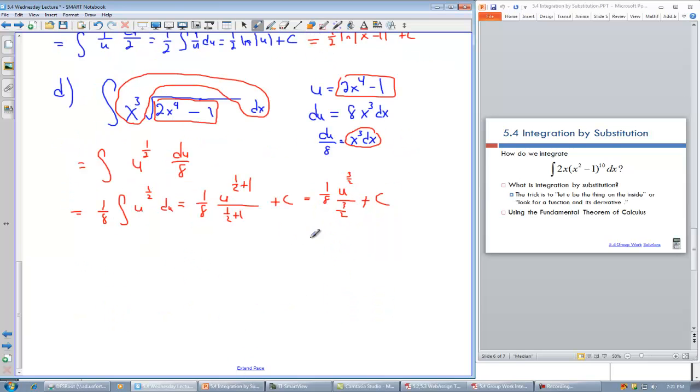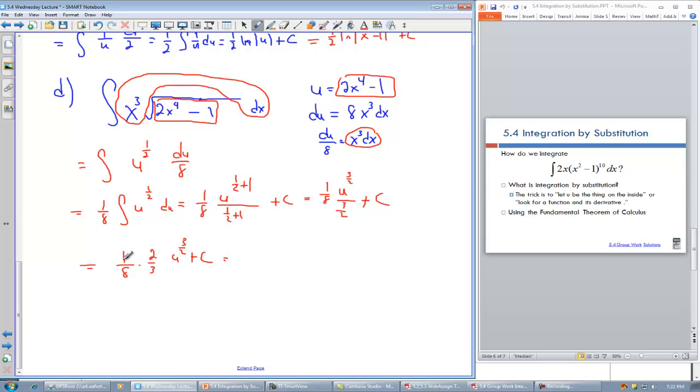And on here, now I'm going to divide by a fraction, so I multiply by the reciprocal. So this is going to be equal to 1/8 times 2/3 u to the 3/2 plus c, and I can simplify this a little bit, right?